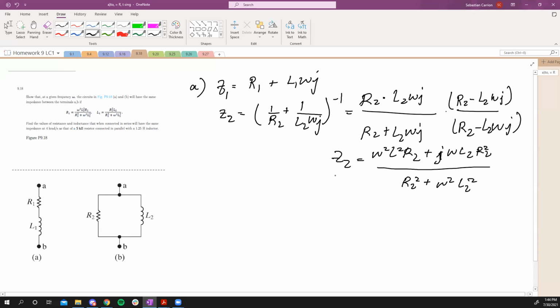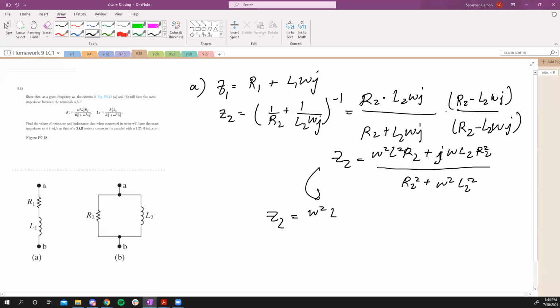So if we split this, we'd have a real portion and an imaginary portion. We can think of this real portion as R2 or R1, since these two will have the same impedance.